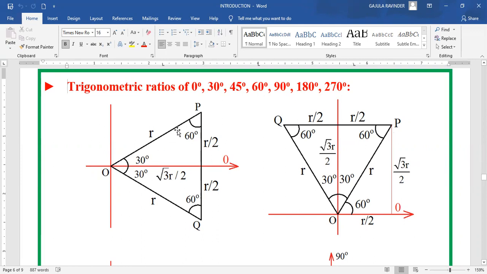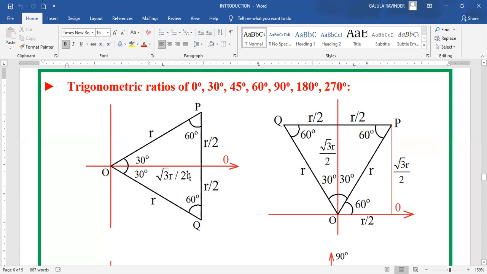Now, the sides of this right angle triangle are R, of course this is the hypotenuse, and the two sides are root 3 R by 2 and R by 2. What will sine 30 degrees be? Sine 30 degrees is the opposite side by hypotenuse, that is R by 2 by R, so sine 30 will be 1 by 2.